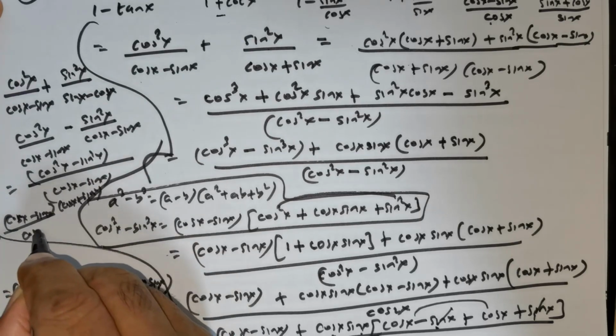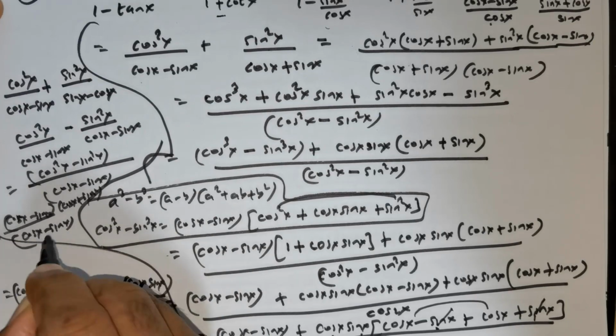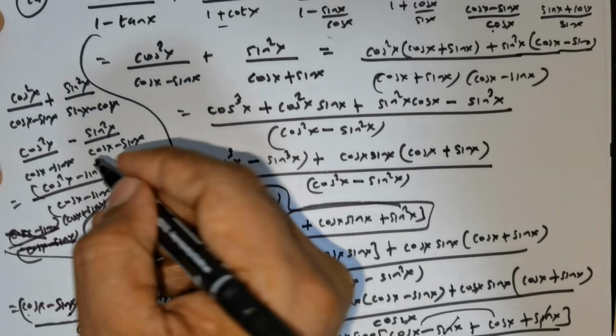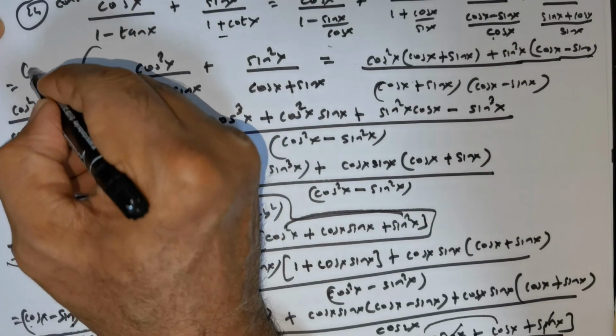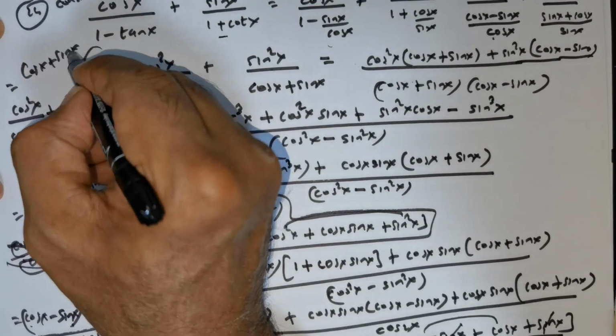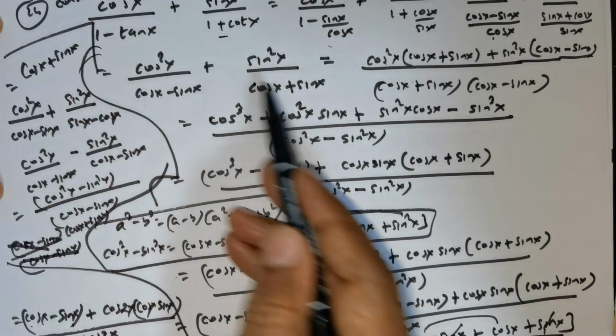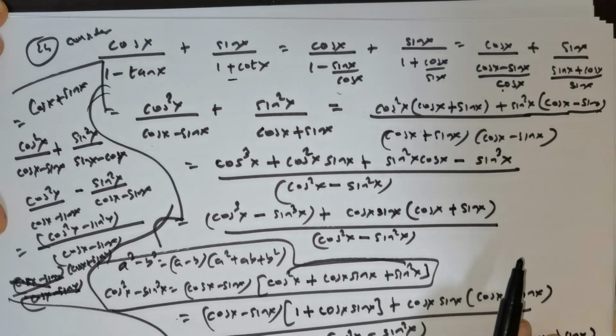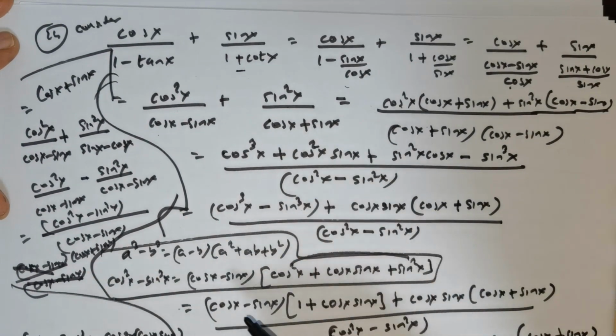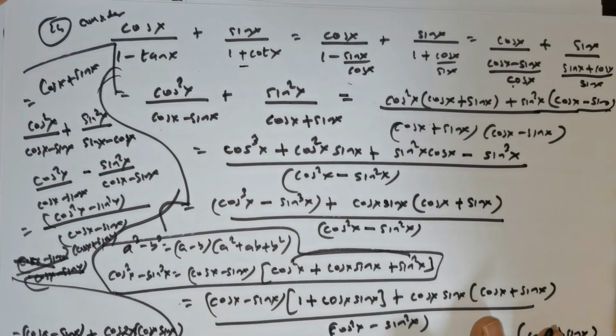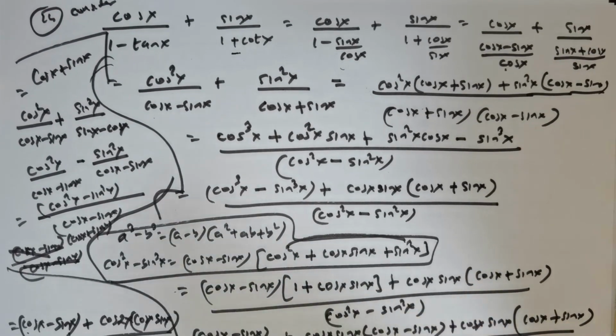There is a cos x minus sin x in the denominator. They get cancelled, giving me a value of cos x plus sin x. So that is the bonus question. Okay, so I hope you understood what exactly I am trying to insist here. So let me move on to the next question.